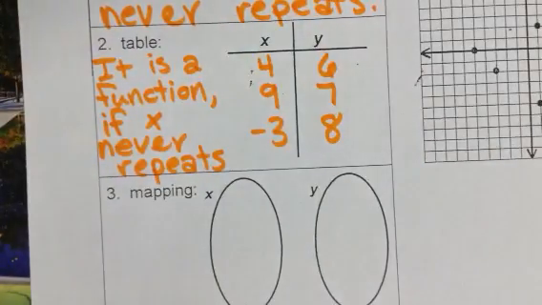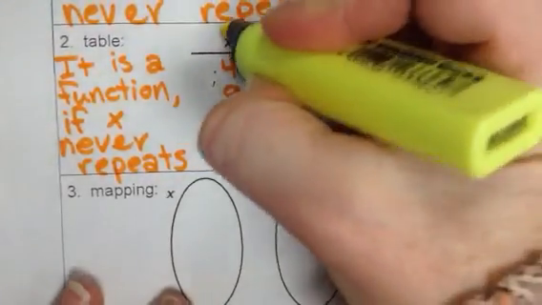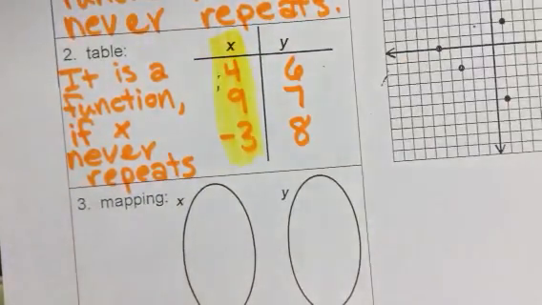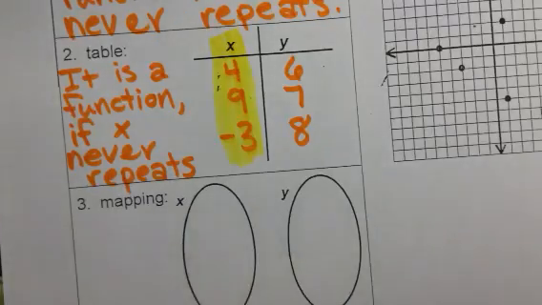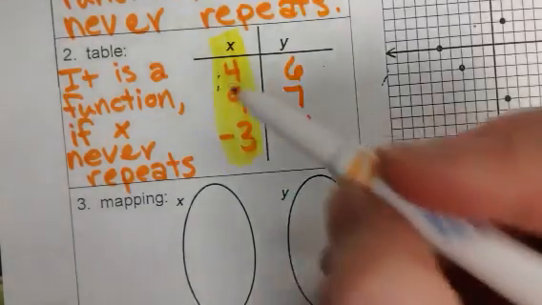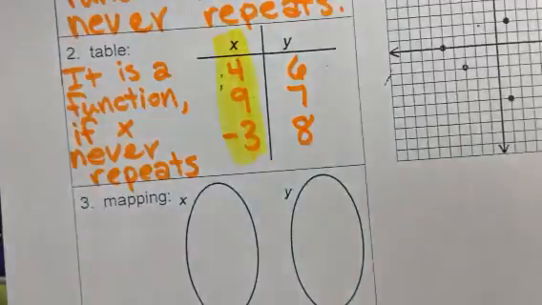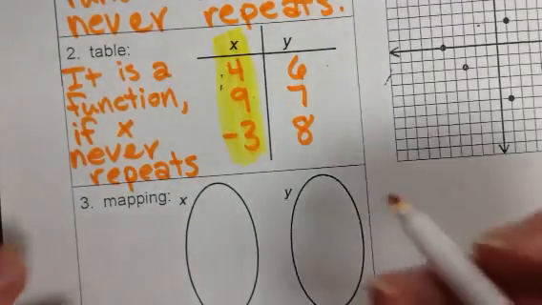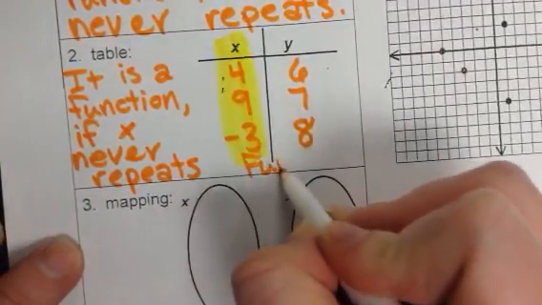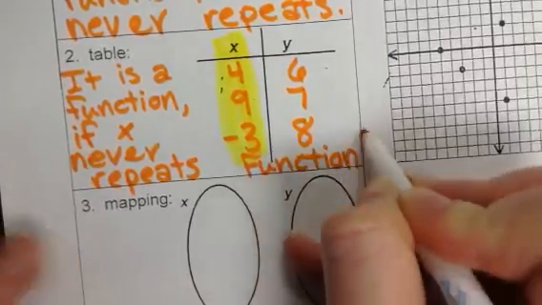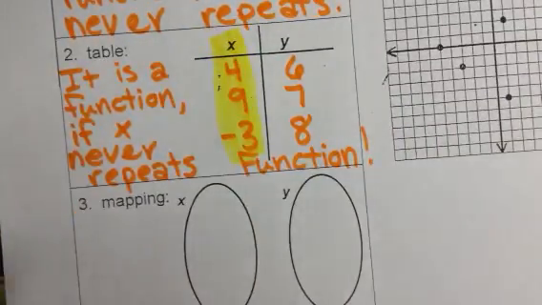So I only have to focus on my x numbers to decide if it is a function or not a function. I have 4, 9, -3. That x number never repeated. Therefore, yes, this example, it is a function.